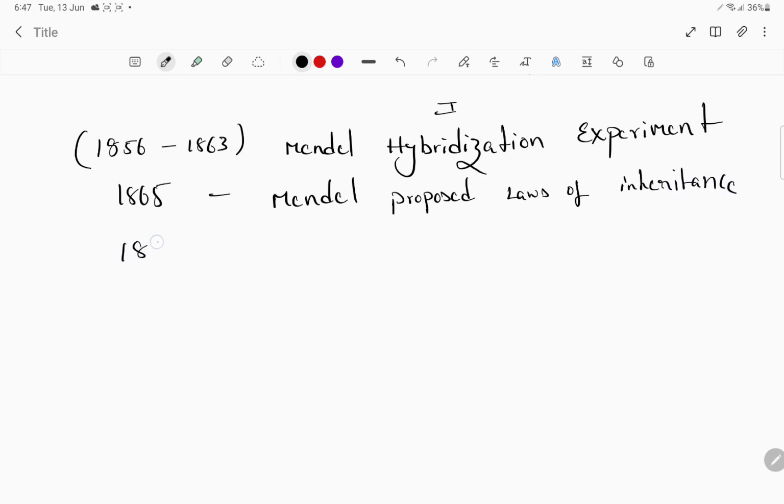So by 1869, the scientist called Friedrich Miescher, in 1869 itself, told that DNA is the acidic substance present inside the nucleus.